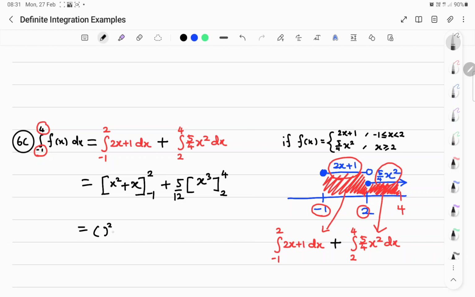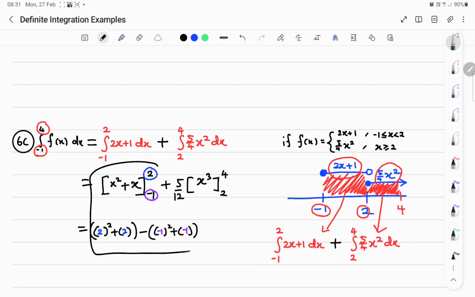So empty bracket squared plus empty bracket, minus another set of empty bracket squared plus empty bracket. For the first set of brackets, we fill them up with 2. And for the second one, we fill them up with minus 1. That's for the first one.